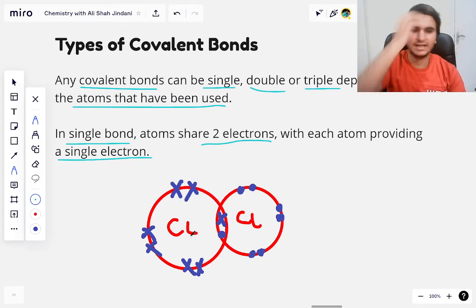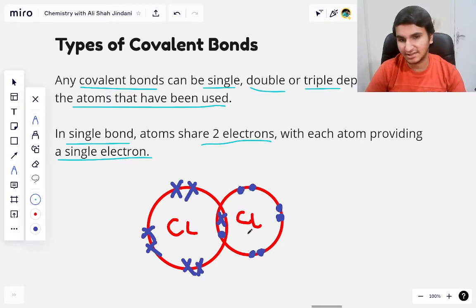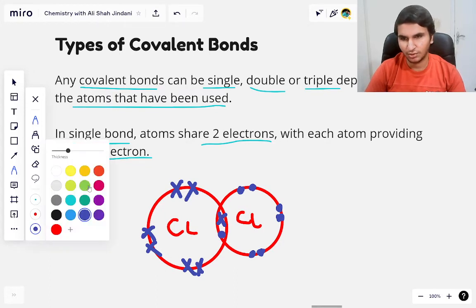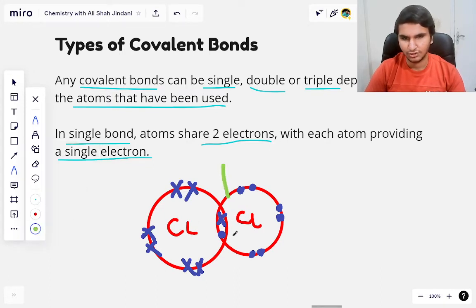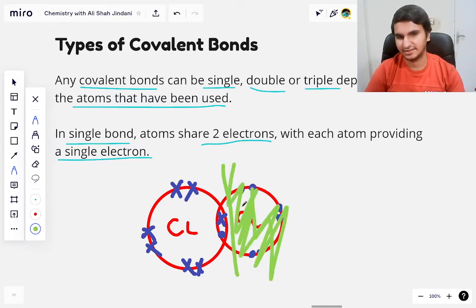While sharing electrons, both chlorines have a partial kind of charge, right? And partially they are stable, partially they are unstable, right? So for instance, if we just ignore this chlorine on the right side, if we just let it go, think of it like this isn't here.